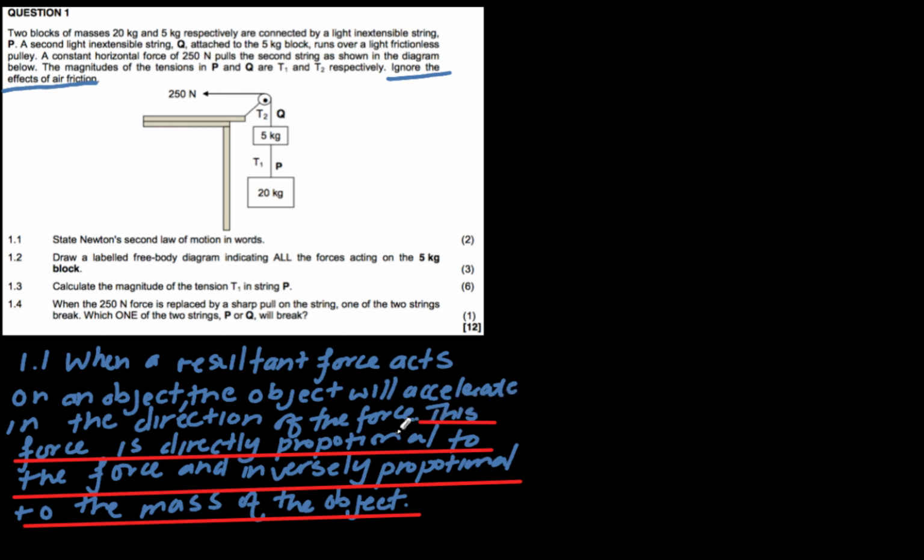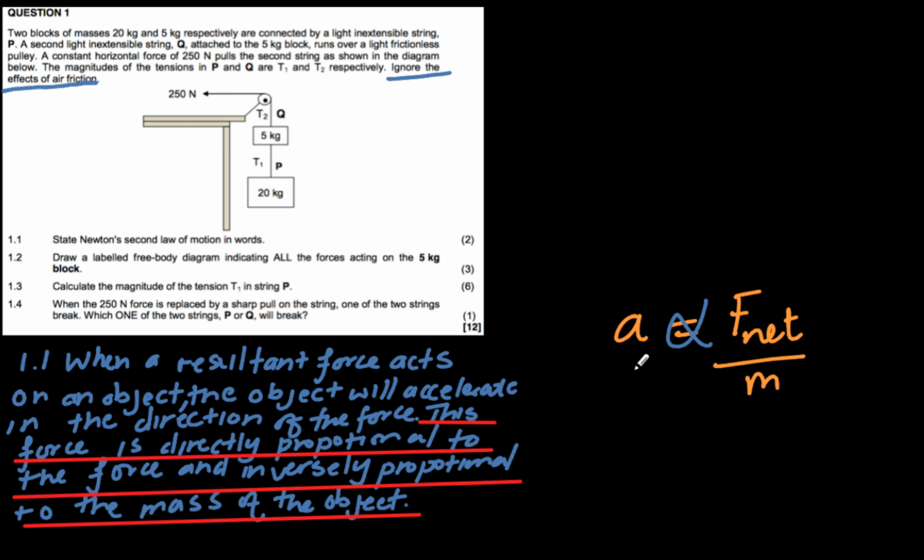So this part that I underlined with red here, you can actually recall it, or you can get it from the equation. Acceleration is equal to F net over the mass, which we can convert to be directly proportional.